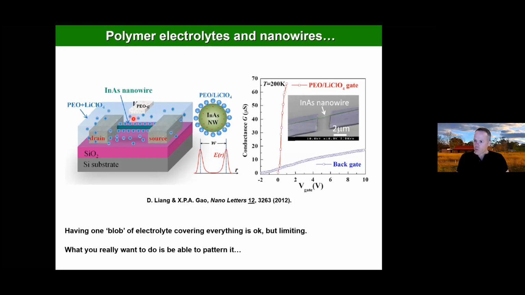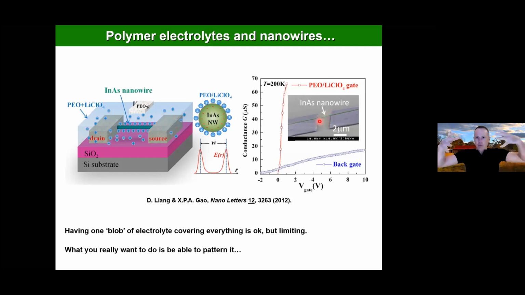This was functional, but one of the problems you could initially spot is that you've got this very large blob of polymer electrolyte compared to the scale of the device. In these nanowire transistors, typically the channel length is of the order of 1 or 2 microns, and the other two dimensions are between 50 and 100 nanometers as your two diameter directions.